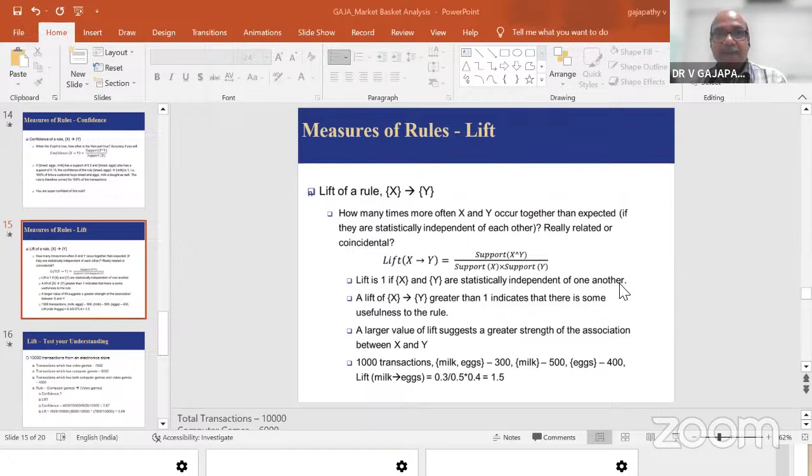If you buy bread and egg, you will buy milk. This becomes a very large data set. A larger value of lift suggests a greater strength of the association between X and Y. 1,000 transactions, milk X 300, milk only 500, X only 400, lift of milk X. Is it okay to you?